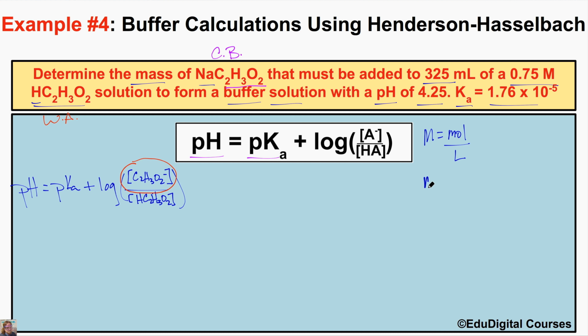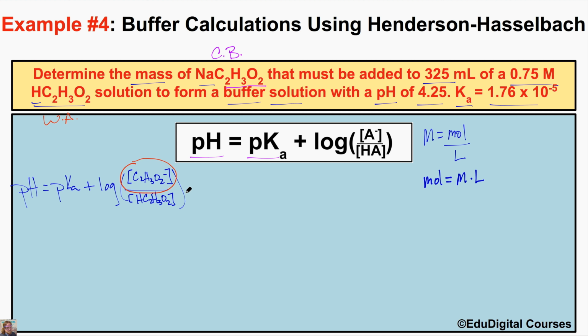To get the number of moles, we're going to have to take the molarity times the volume of our solution. So if we figure out the molarity of our C2H3O2-, we can then use that to determine the number of moles of this stuff there are, and then we can figure out the mass of this stuff right here.